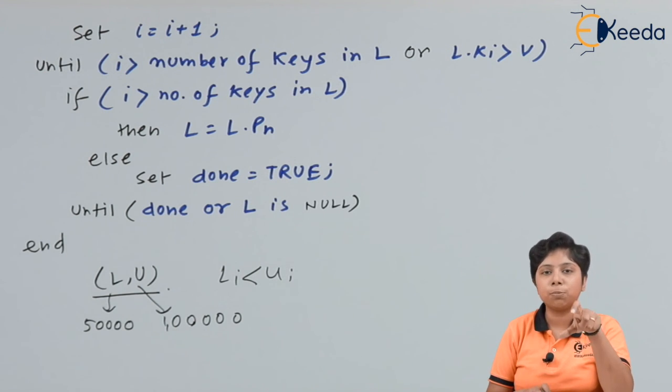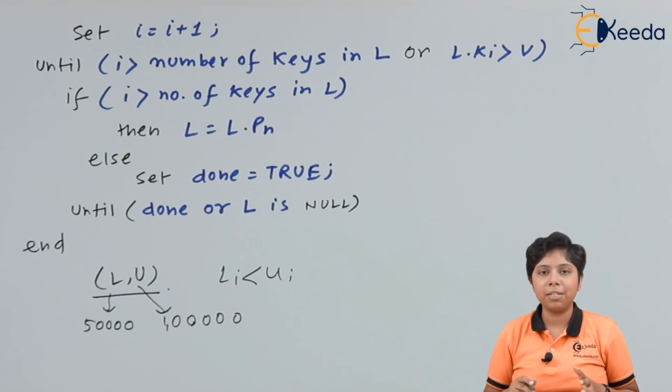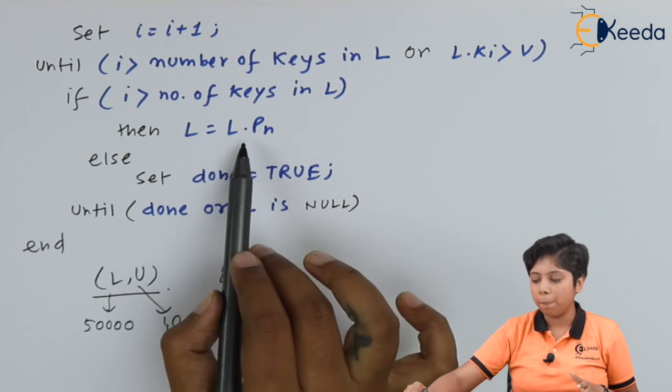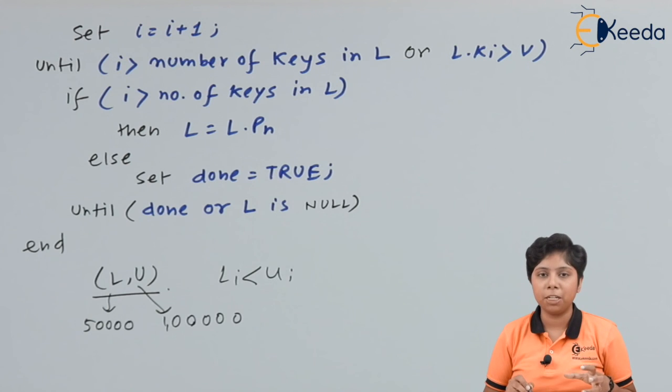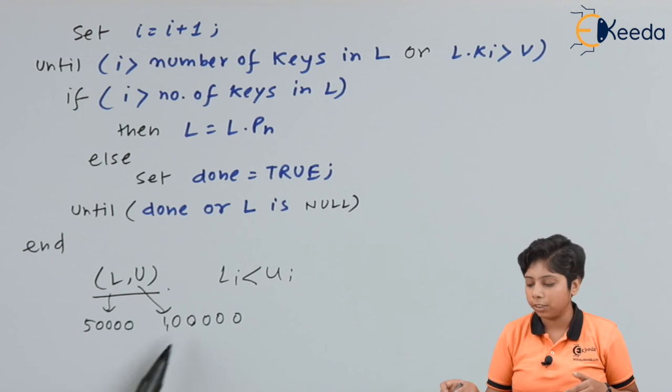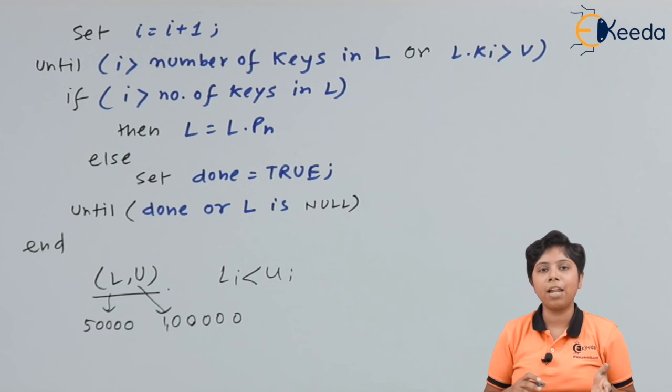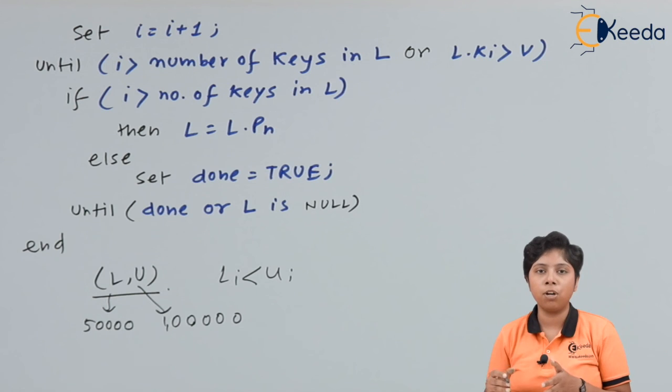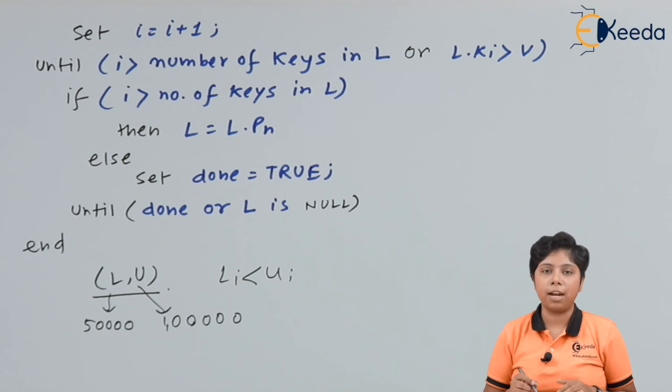We can create a sparse index in an ordered one, but as we are talking about a B plus tree and the implementation we have followed, we can implement it so that the L dot Pn combination will be higher for this 1 lakh because all the values associated with 1 lakh will be put in another one, and the 50,000 will be in another one.